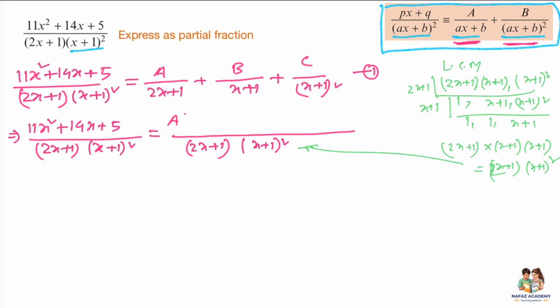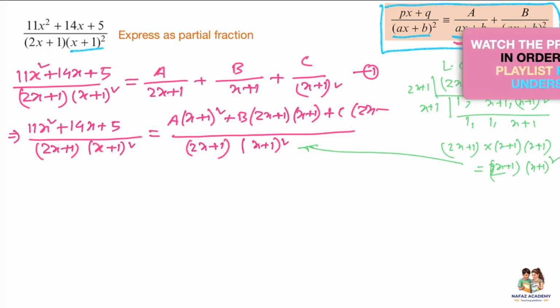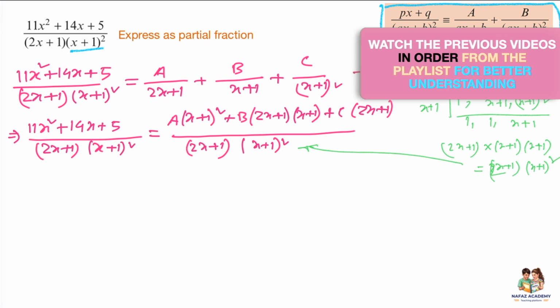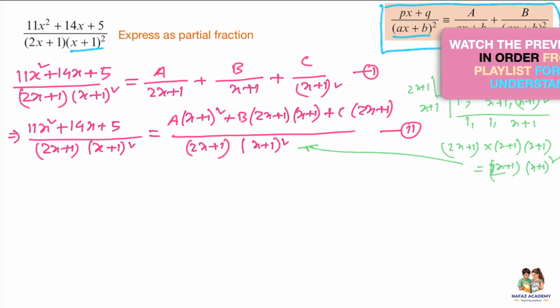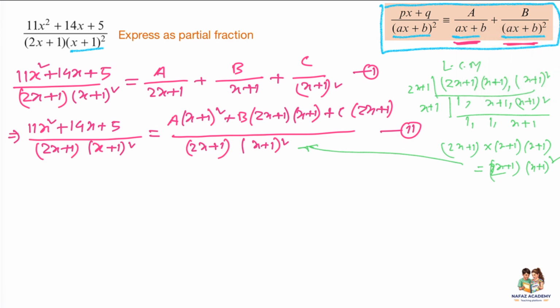So for the A part, 2x plus 1 will be eliminated, so only x plus 1 square remains. The x plus 1 will be eliminated for B. The rest of B is 2x plus 1 and another x plus 1. Can you tell me which one will be eliminated for C? Yes, x plus 1 square will be eliminated, so only 2x plus 1 here. It is equation 2.